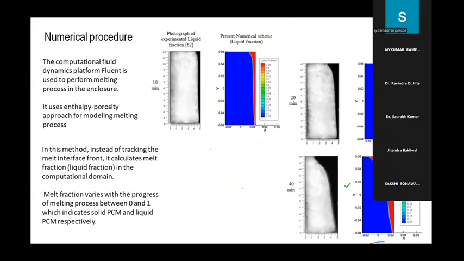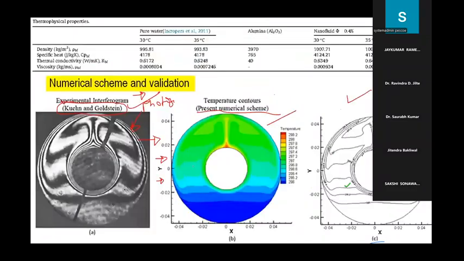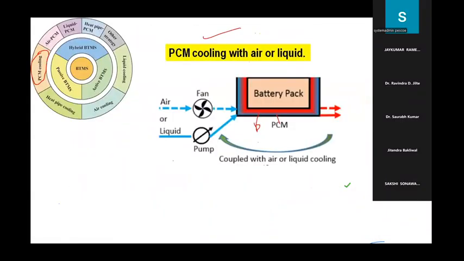The accuracy of the numerical simulation, as I mentioned here, lies on the numerical schemes which we adopt. If it is possible to replicate and obtain results similar to the experimental one, the chances of getting it published are very high. The same thing we have done with the PCM cooling.